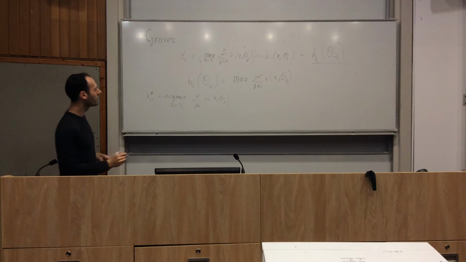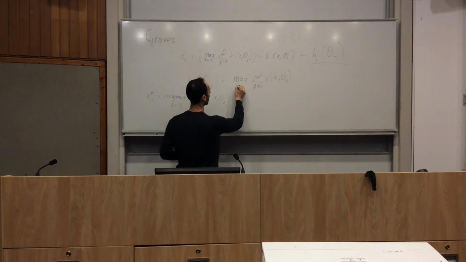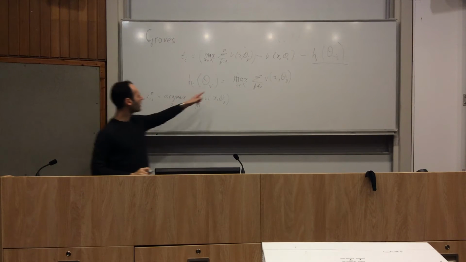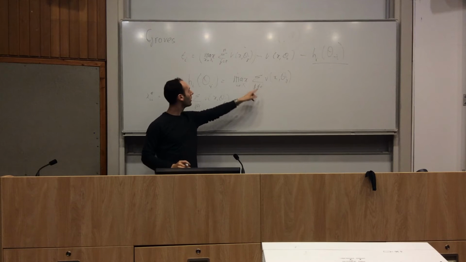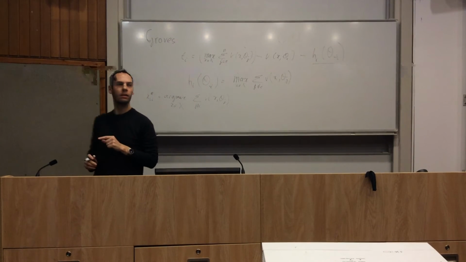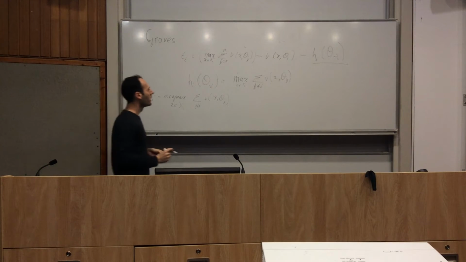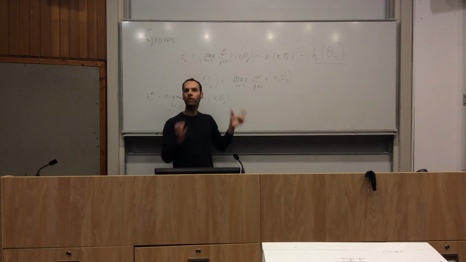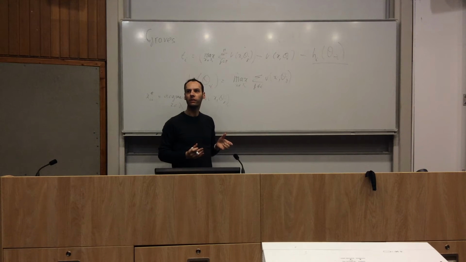Okay, so notice that here we have X. So we are computing a different allocation, obviously, right? Here we were able to allocate units to agent I. Here, the agent I is no longer present, so we get a new allocation.